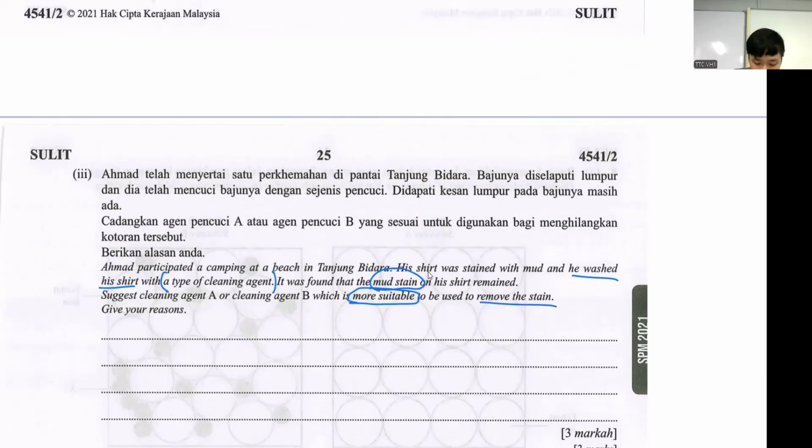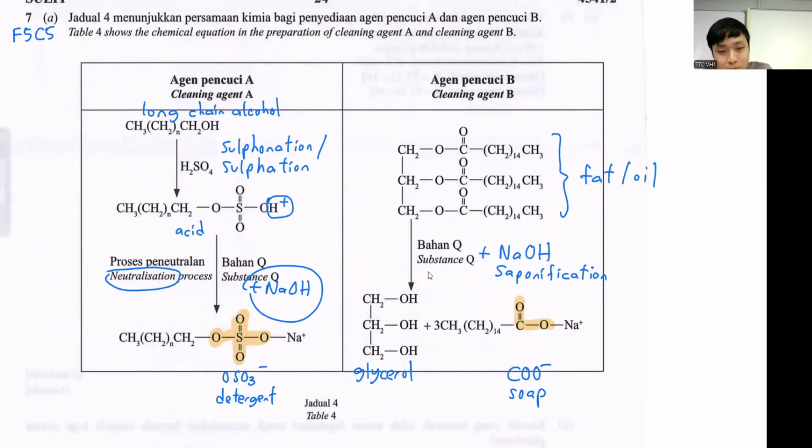Give your reason. Okay. So in this case, he probably washed his clothes at around like in sea whatever. Okay, like mineral water. So in this case, who is more effective? Of course, you use detergent. A is detergent, is it? A is detergent.